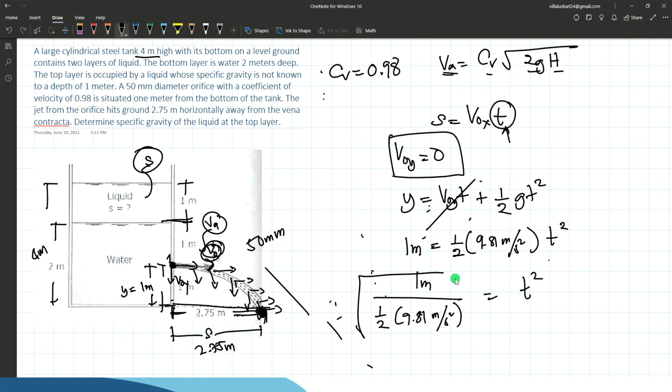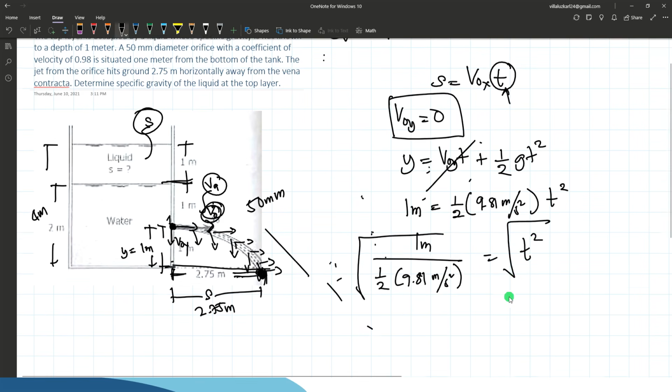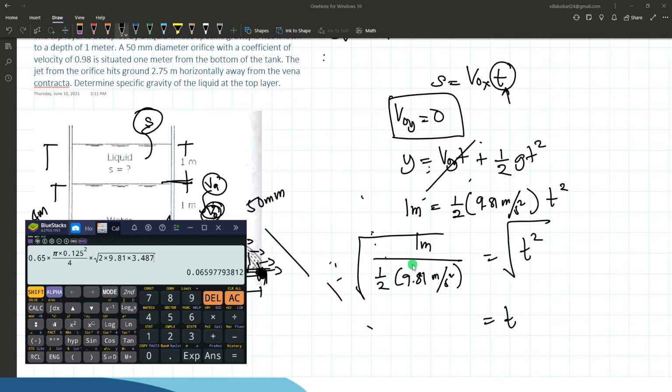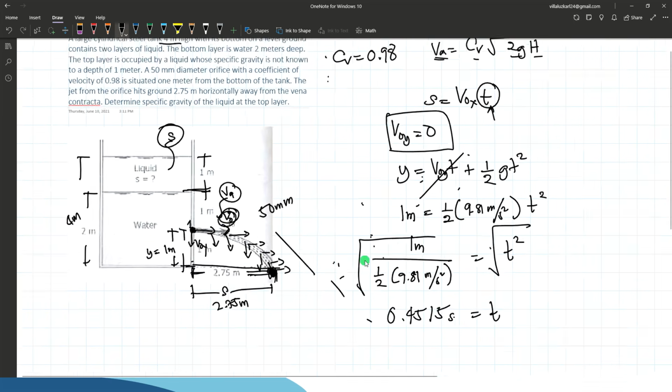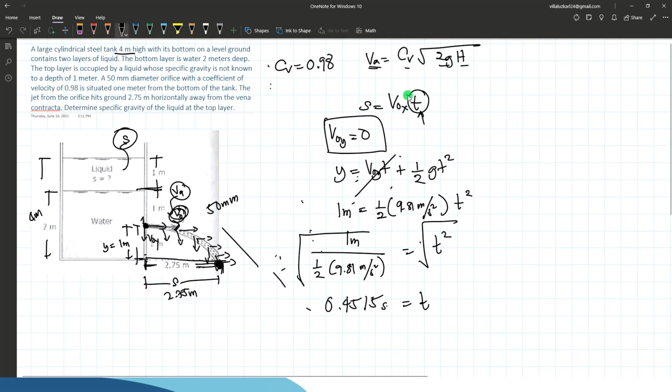Take the square root of both sides to determine the time. So t equals the square root of 1 over 1/2 times 9.81. That's 0.4515 seconds. From that, we can now determine the initial velocity x.